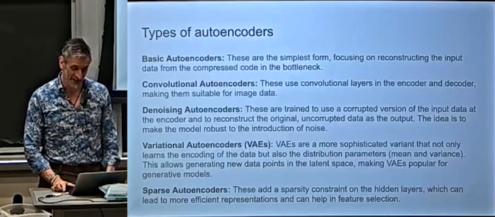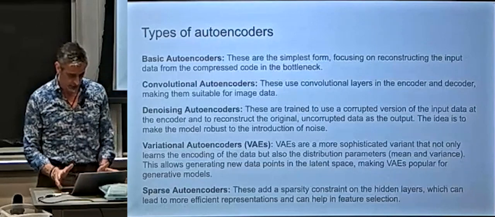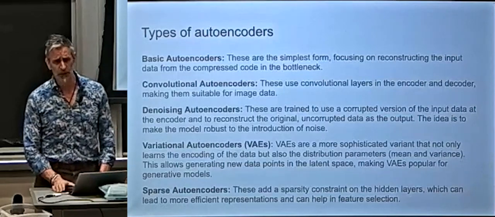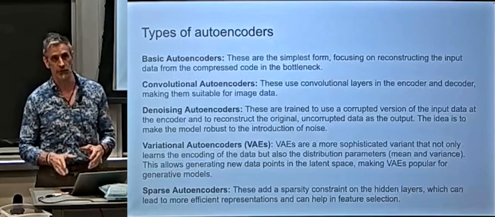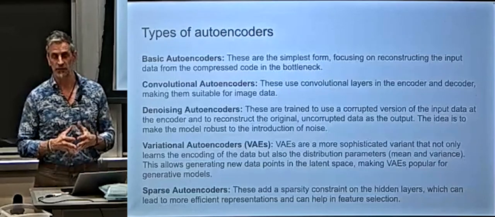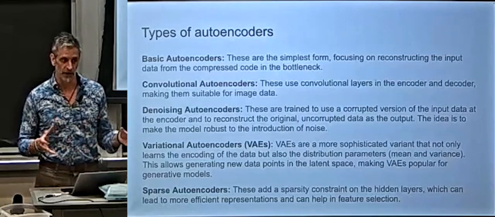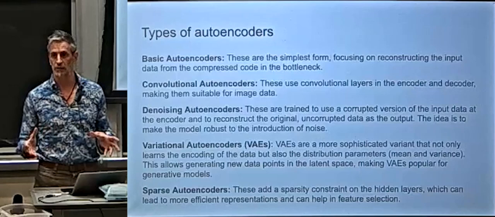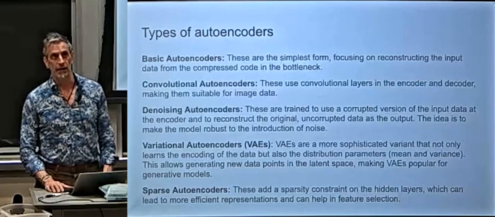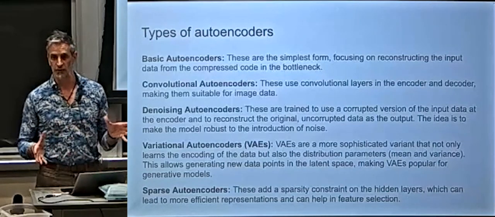This is my favorite, sparse autoencoders, which we won't talk about today, but are really becoming popular as a way to take some of these very big, very complicated models and really understand what's going on.